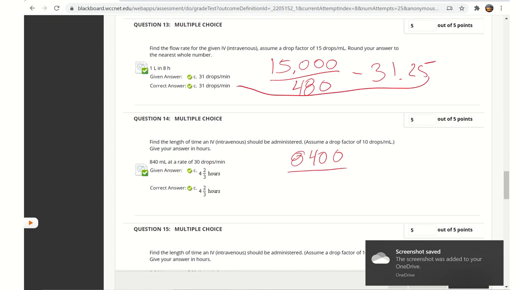That would be 60 times 30, which is 1,800. Now we do the calculation there, and it comes out to 4.667. And we know that .667 is actually 2/3, so 4 2/3.